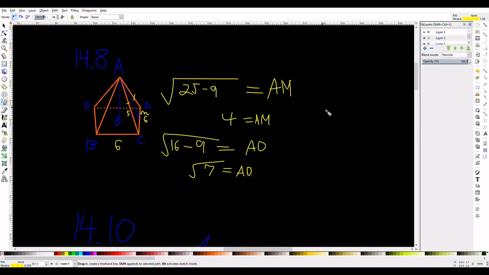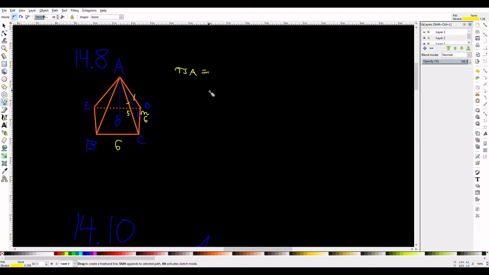So the total surface area will be 4 times the area of one triangle. So I'll say the area of ADC, plus the base of our pyramid. What's the base? 6 times 6, 36.